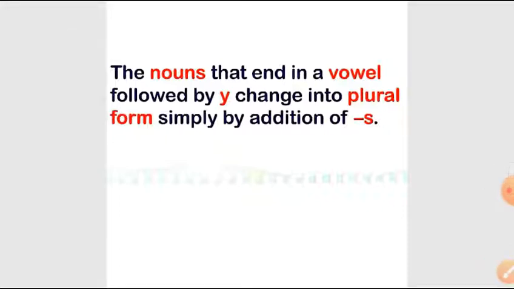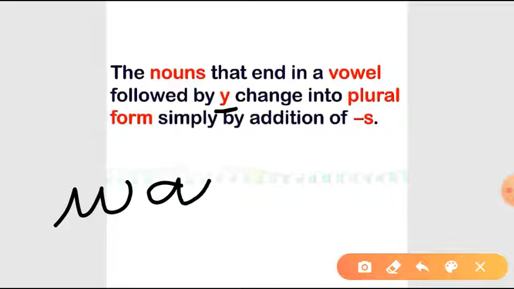The nouns that end in a vowel followed by y change into plural form simply by addition of s. So if the word is ending with y and before y there is a vowel, like you can see here, w-a-y, way. A is a vowel and the last letter is y.